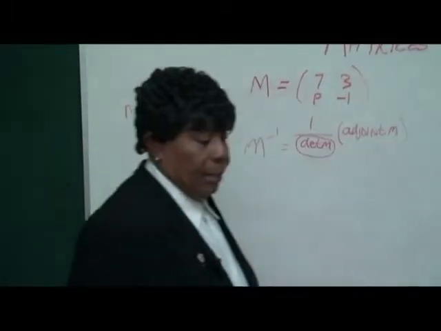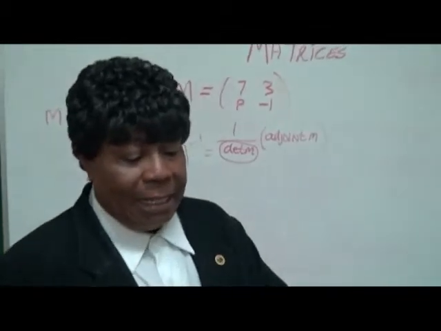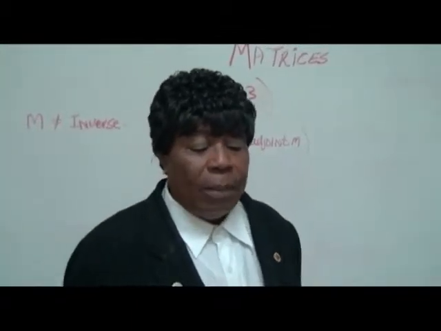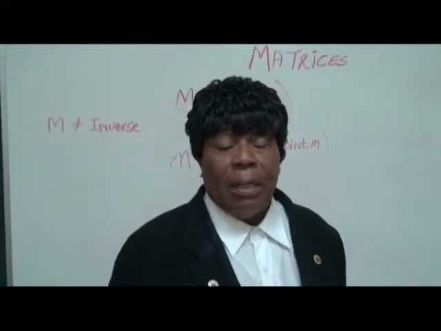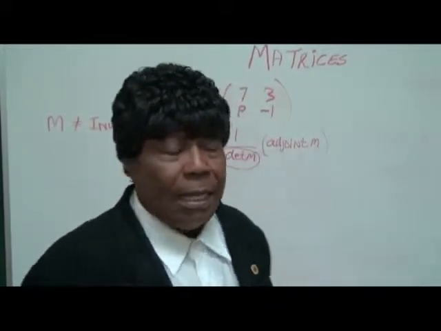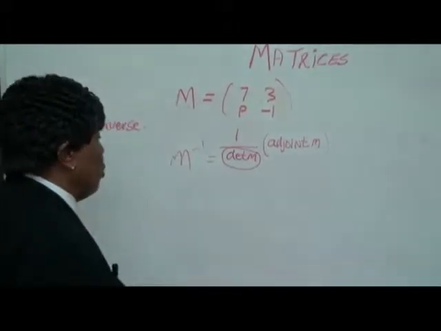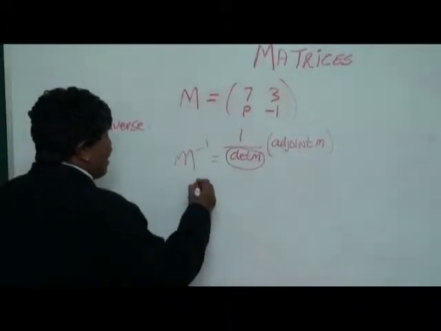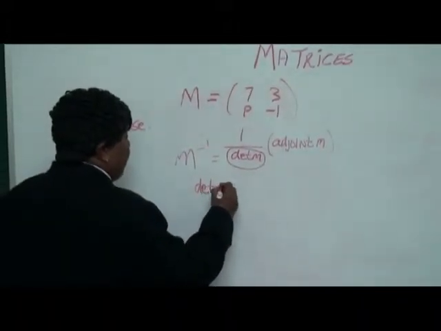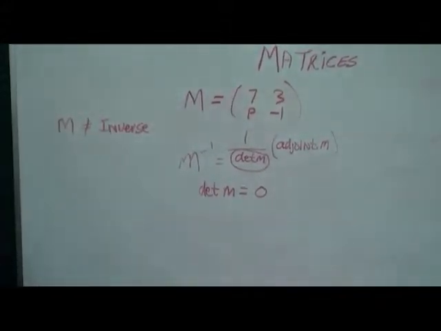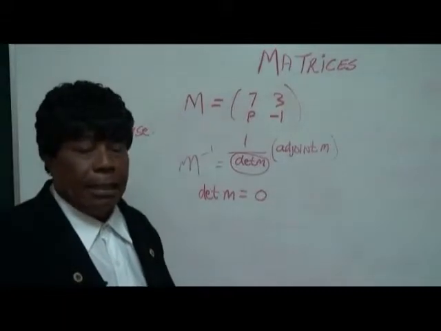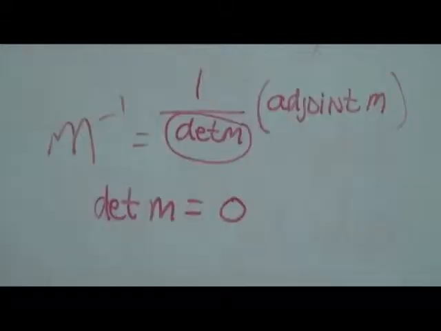So then, wrapped up in this explanation, determine the value of P for which the matrix M does not have an inverse is saying to you that det M is equal to 0. That is what we get out of that expression. So the determinant of M is equal to 0.